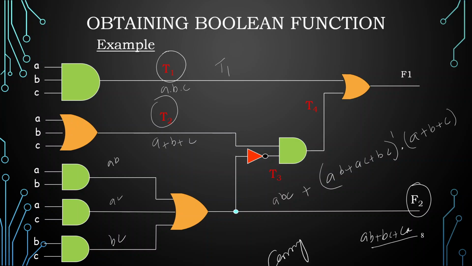Carry. Now if you look at this, ABC plus (AB plus BC plus CA) bar into (A plus B plus C), if you analyze this, it will give you the sum, or with further simplification, we get the sum.